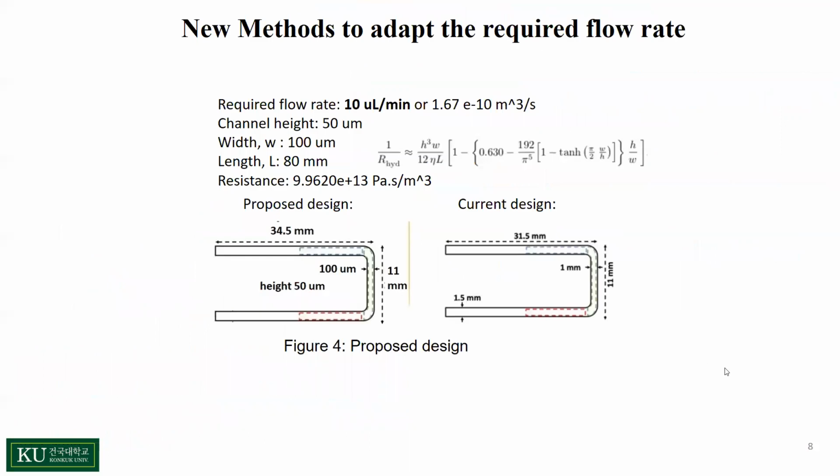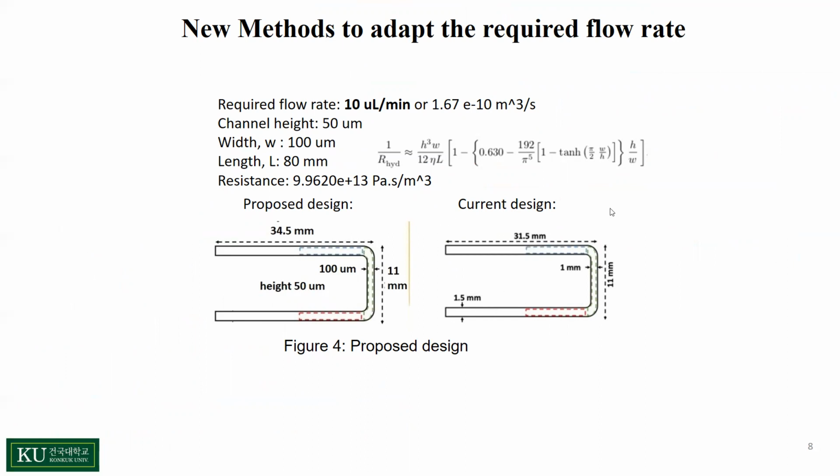So I propose a new method to do this. The current design indicates the dimension of the channel. I try to keep the same length, using 31.5 instead of 34.5 millimeter, but I changed some dimensions of the width of the channel and implemented a height.